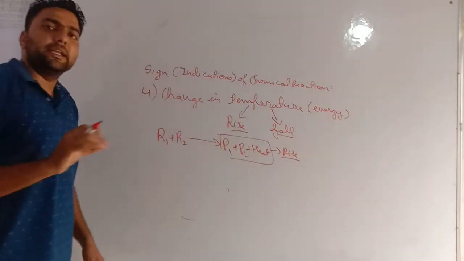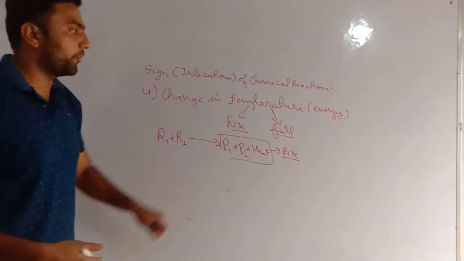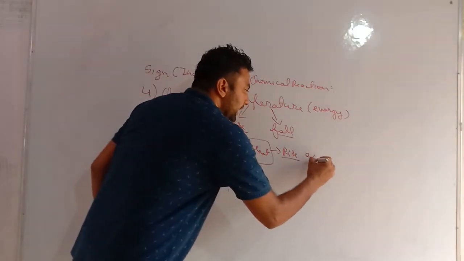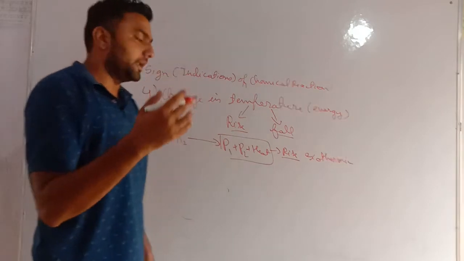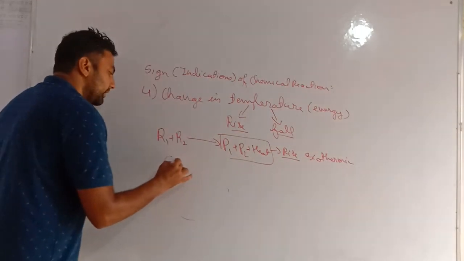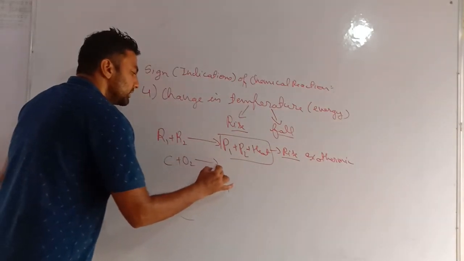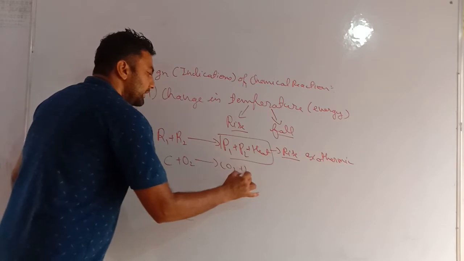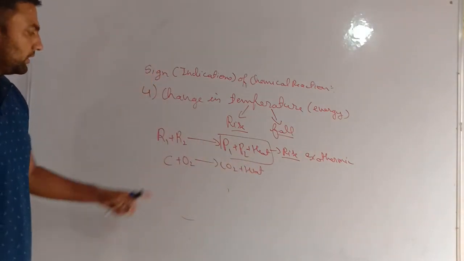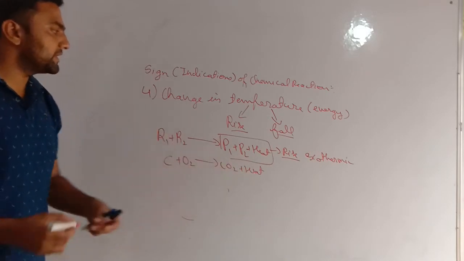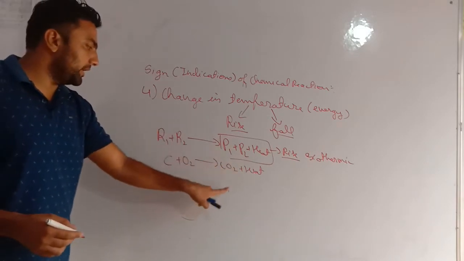And if I am getting heat in products, it is known as an exothermic reaction, means heat is being released. Best example is carbon plus oxygen gives us carbon dioxide plus heat. When we burn coal, it gives us carbon dioxide plus heat. This is an exothermic reaction.